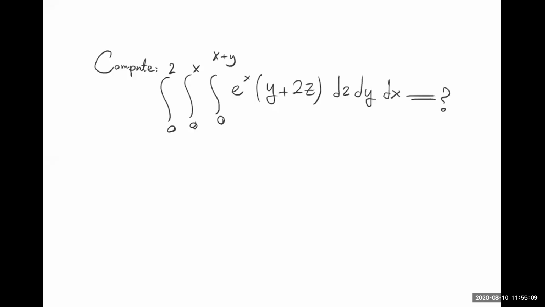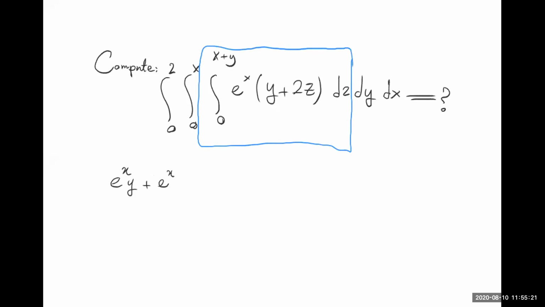Okay, let's start. First, I should compute this integral. It's an integral in terms of z. Well, e to the xy plus 2e to the x z. Its integral with respect to z is equal to, I should just multiply by z for the first part. And yes, you need integration by parts at some point. That is true.